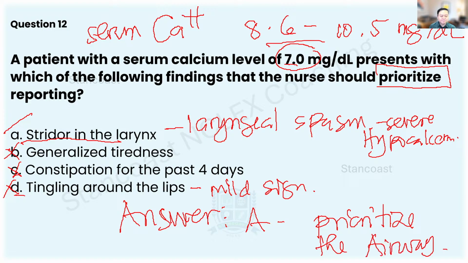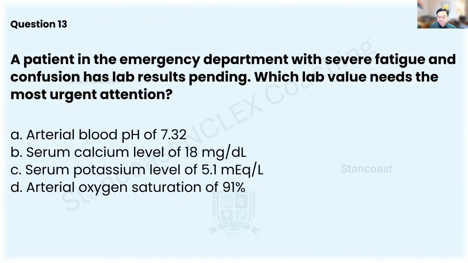Okay, let's have number 13. A patient in the ED with severe fatigue and confusion has lab results pending. Which lab value needs the most urgent attention? Is it A, arterial blood pH of 7.32, or B, serum calcium level of 18 milligrams per dL, or letter C, serum potassium level of 5.1 milliequivalents per liter, or D, arterial oxygen saturation of 91%?